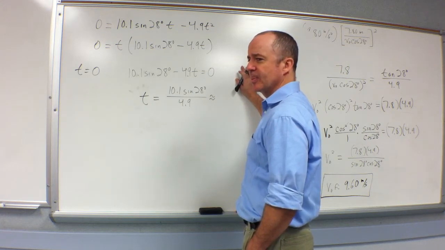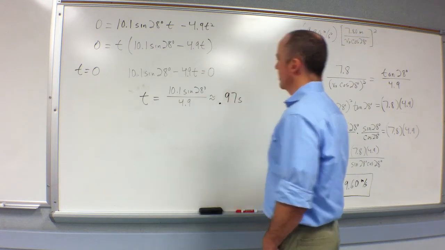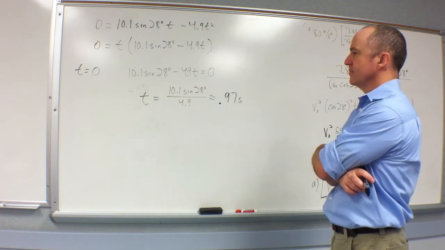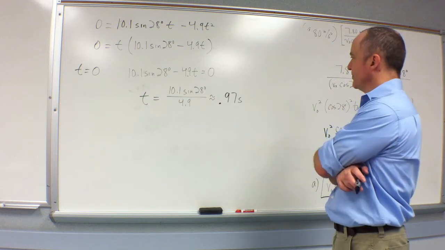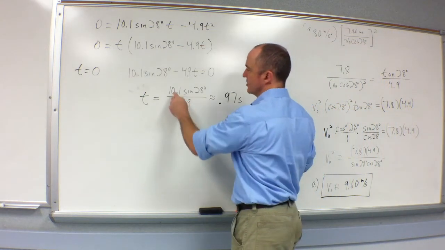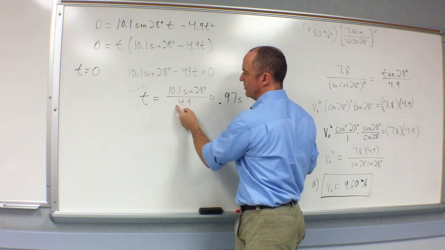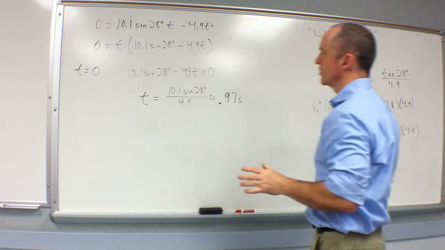I said 0.97. That actually makes sense for the math. 0.97 seconds. But is that going to get him going further? This is about 2, right? 10 over 4, this is about 10 over 5. And sine of 30 degrees would be 1/2, and 2 times 1/2 would be about 1, so that's right.